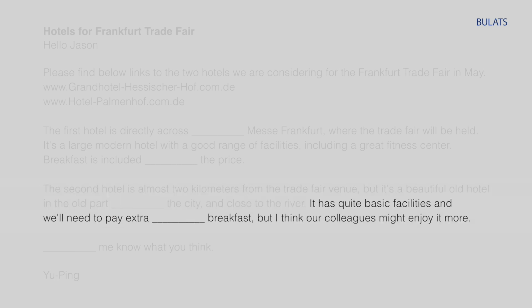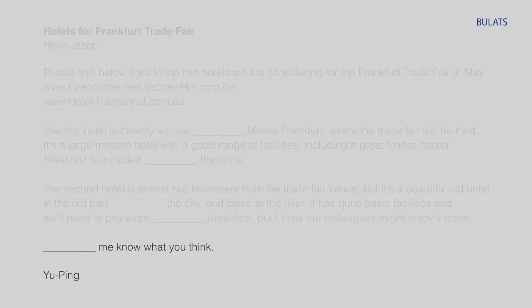Reading on, we see that they would need to pay extra X breakfast. Are you familiar with the phrase pay X something with the meaning of buying it? As in pay X your ticket. Well, in English, you pay for something. So here they need to pay extra for breakfast.